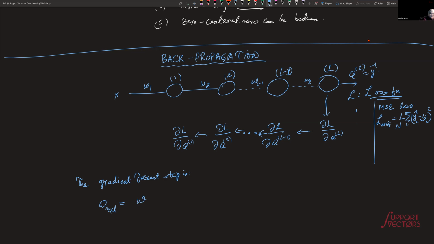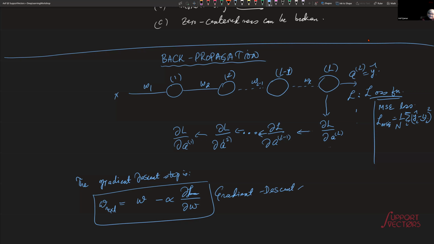Its value is the previous value minus the learning rate times dL, the loss function, with respect to W. So this, I hope we remember, is the gradient descent step. The real learning step.